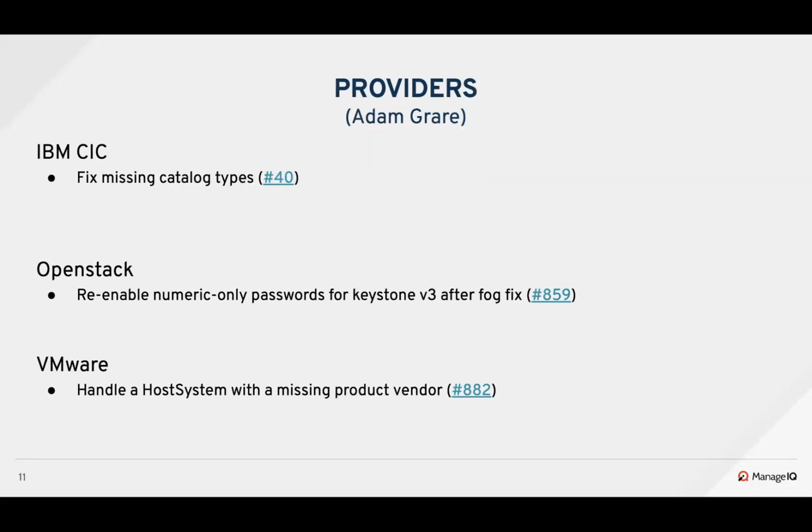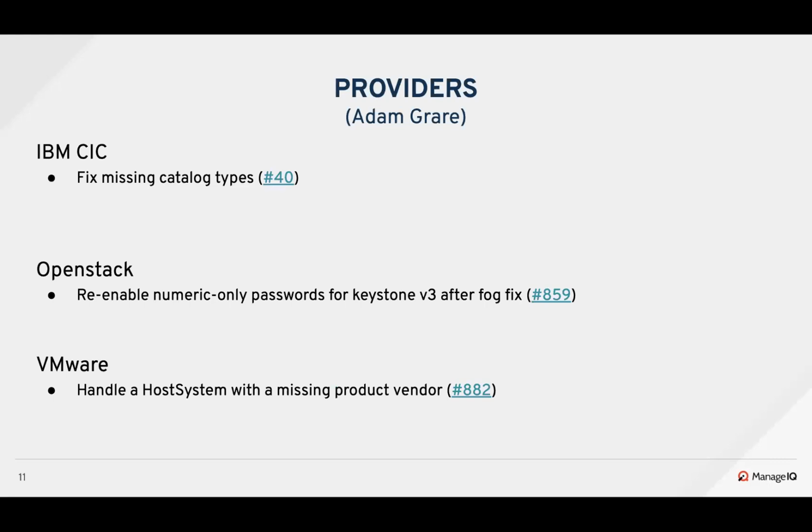For providers this sprint, for the IBM CIC provider, Nasser fixed a bug with some missing catalog types. The catalog types were not being inherited from the parent OpenStack provider, and so the option wasn't visible on the UI when you're going to do a catalog provisioning.